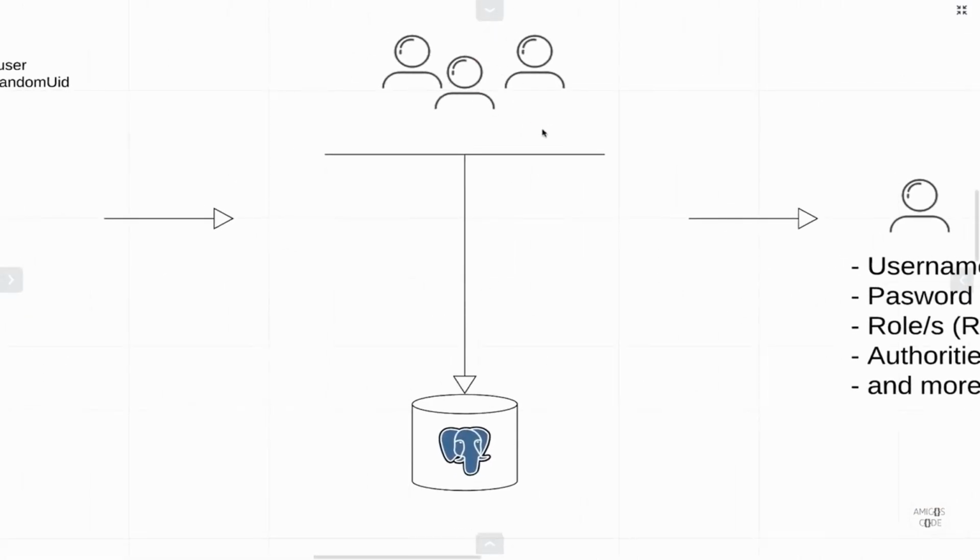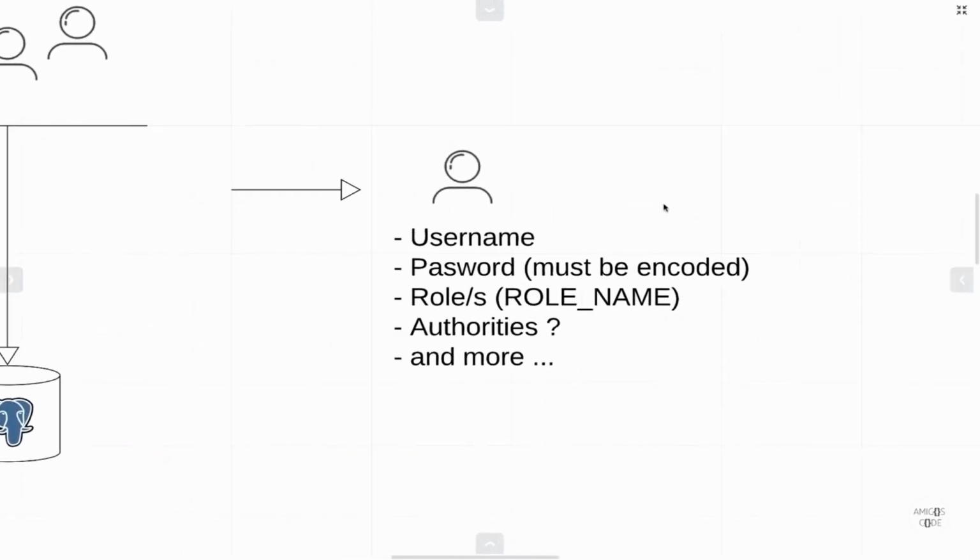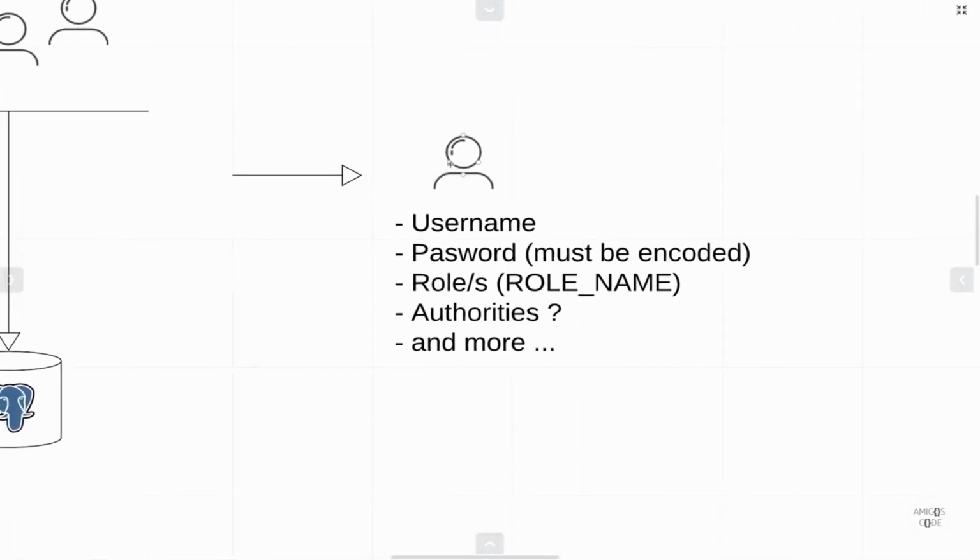So with users, there are a few things that we need to learn about users. So one is that a user must have a username, and this username must be unique. And then it must have a password, and the password must be encoded, because we don't want to be storing passwords as plain text, because that's a really bad idea.